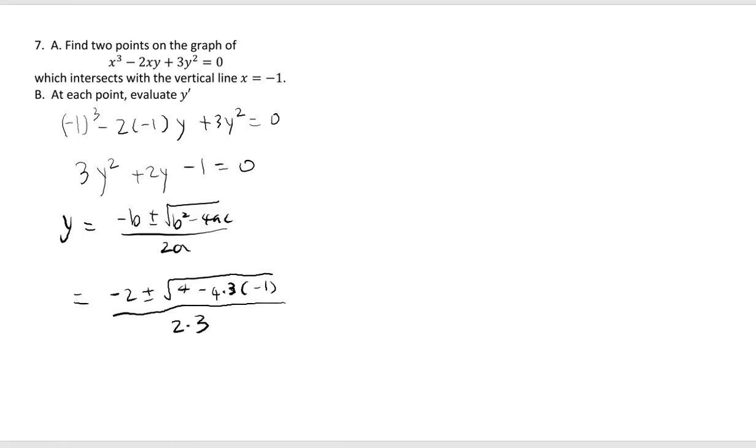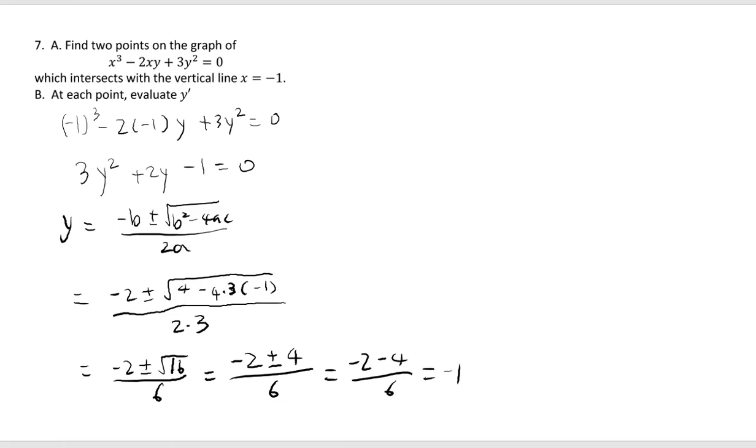A is 3. Okay, so it's negative 2 plus or minus square root of, that's 12. 12 times negative is positive, so 12 plus 4, that's 16, over 6. And I do know the square root of 16, that's 4. And that means it's either negative 2 minus 4 over 6, which gives you negative 1, or negative 2 plus 4 over 6, which is 2 over 6, which is 1/3.